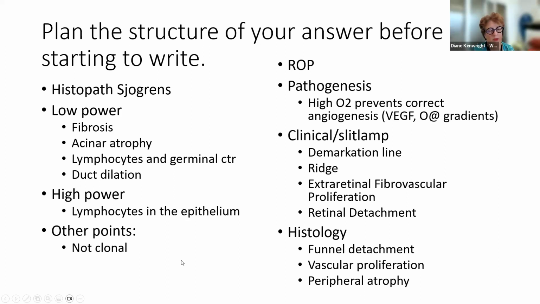If you're doing retinopathy of prematurity pathogenesis, landscape: premature infant; initiation: high levels of oxygen prevent correct angiogenesis; progress: new vessels, retinal detachment, things like that. And then clinical, slit lamp and histology.